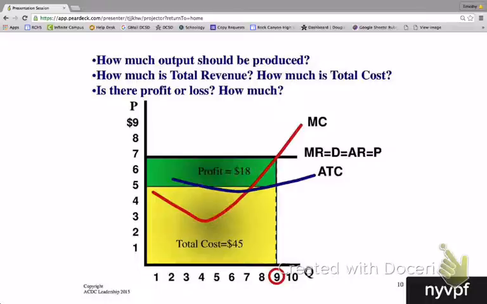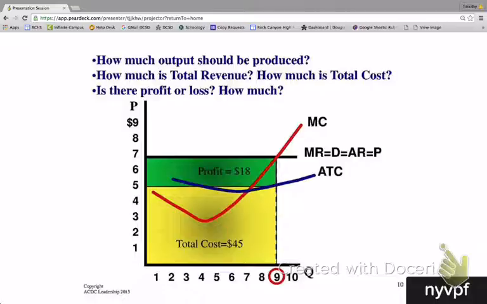We have to subtract our cost from our revenue to determine profit. So from that point where marginal revenue intersects marginal cost, we draw a dotted line down to where we intersect the average total cost curve. And from over there, we draw a line over to see that our average total cost of production is $5.